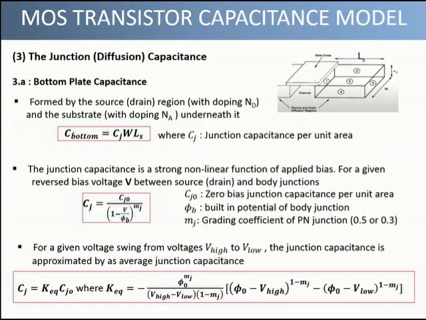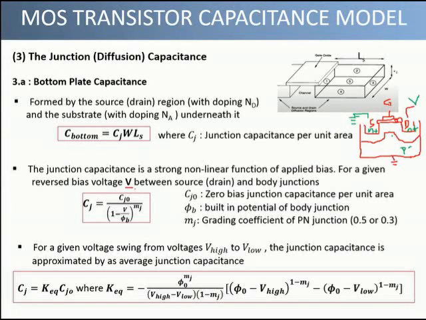Mathematically, the bottom plate capacitance is equal to Cj times the area of the bottom plate, which is equal to width times length of the source or drain diffusion region. Cj is the junction capacitance per unit area, and Cj is an important parameter which is a strong non-linear function of applied bias. What does it mean?